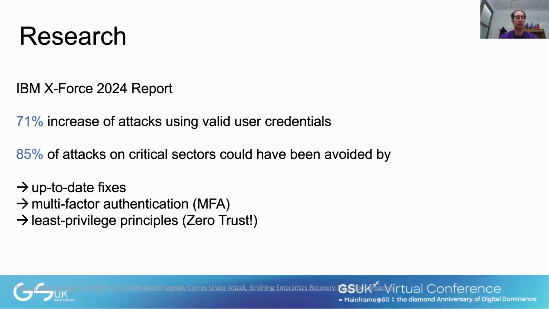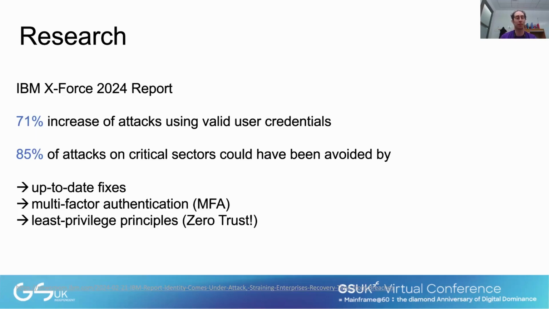And all this move to zero trust is all backed up by research in the security sector. It says that more and more attacks are coming in with valid credentials, so they're not even being stopped by the traditional boundary security.